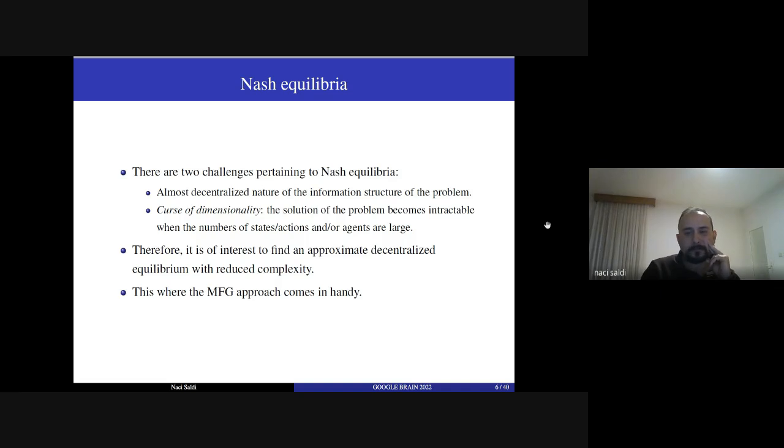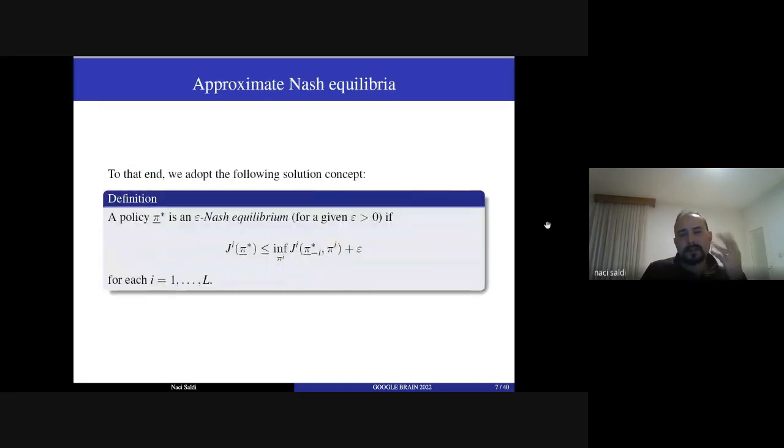In the mean field approach, instead of computing an exact Nash equilibrium, we are interested in computing or learning an epsilon Nash equilibrium, or approximate Nash equilibrium, and this is the definition. A joint policy pi star is an epsilon Nash equilibrium, where epsilon is in general a very small number, if we have the following inequality for each agent i.